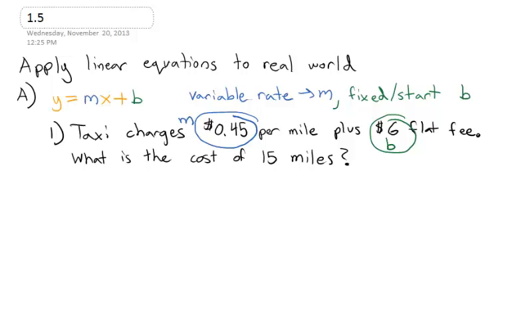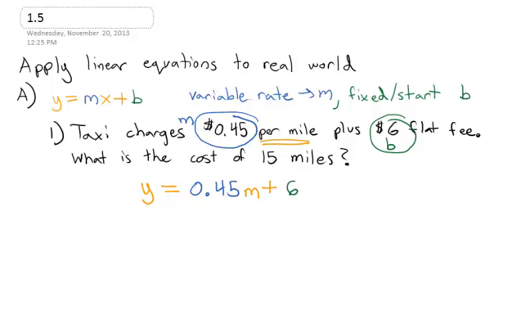So if we want to make an equation to represent this taxi, we would say y is equal to the slope, the 0.45, times the number of miles, because it's per mile. I'm going to use M for mile, not to be confused with slope, plus B, the starting value, the starting cost of this taxi cab, was that $6 flat fee.